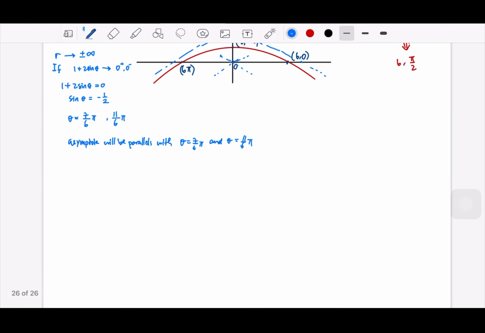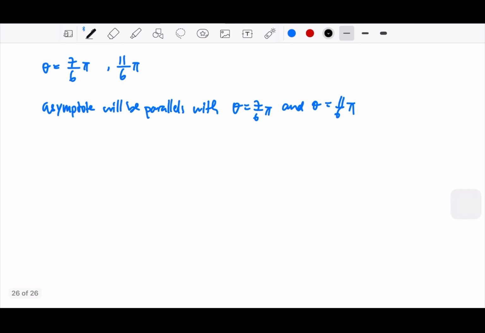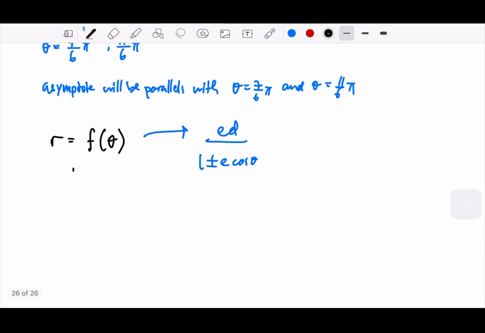And this is the last thing, probably quite important, but not as important as the first one. Let me just write this. If we can write r as a function of theta, which we can define as ed over 1 plus or minus e cos theta or sin theta, we can also define, if we have r equals f, the theta changing by some angle alpha.